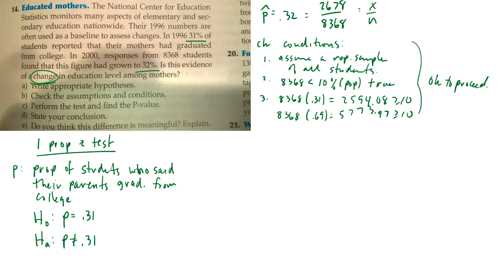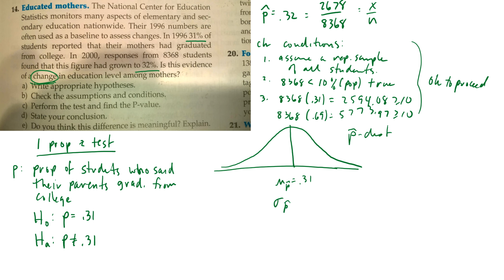They all allow us to say that this curve is approximately normal. So the p hat distribution is approximately normal, and mu sub p hat is 0.31, and the standard deviation I know is the square root of 0.31 times 0.69 over 8368. Okay, now here's the interesting thing.